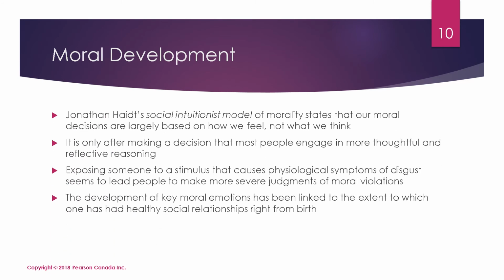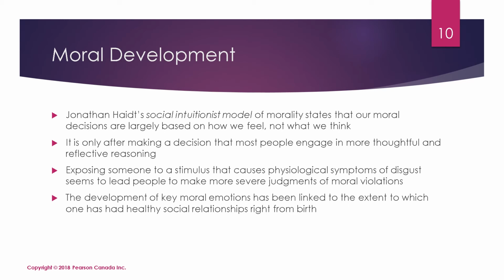So another researcher named Jonathan Haidt introduced a social intuitionist model of morality, which states that our moral decisions are largely based on how we feel, not what we think. So when we're talking about Kohlberg's theory, he was very much involving logic and decision making and cognition into his moral reasoning ability.